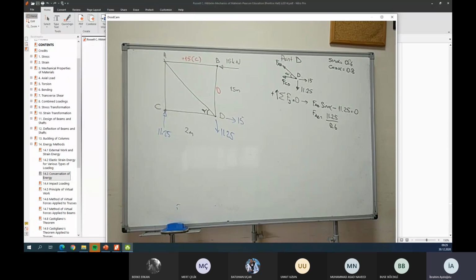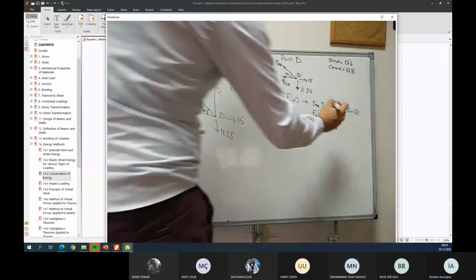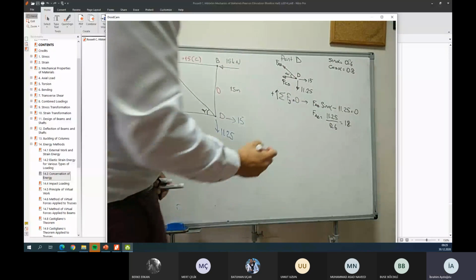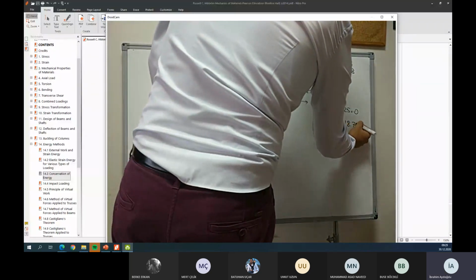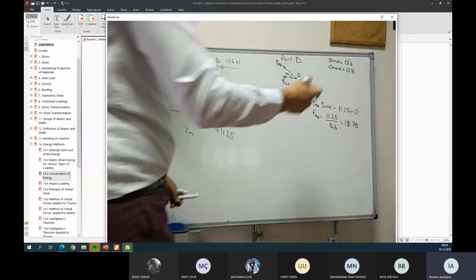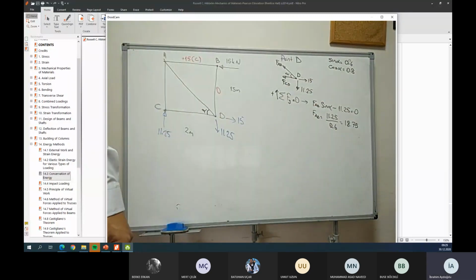I already found F_AD is equal to 18.75. If you have a calculator, you can check my computations. Maybe I made a mistake, but in my opinion, this is correct.